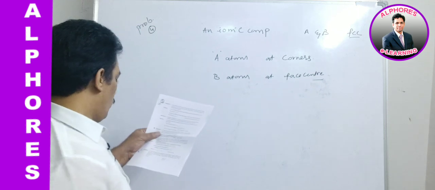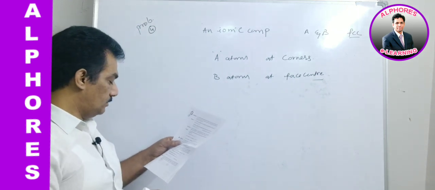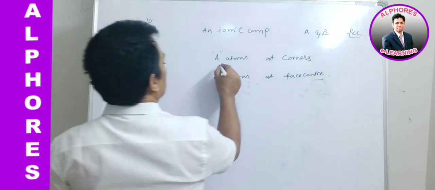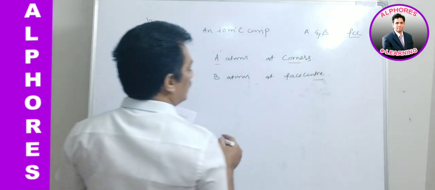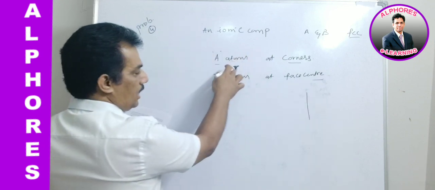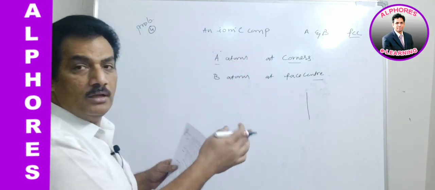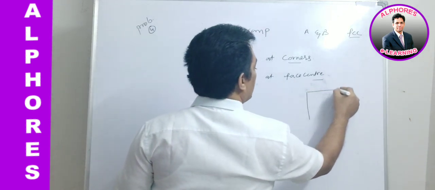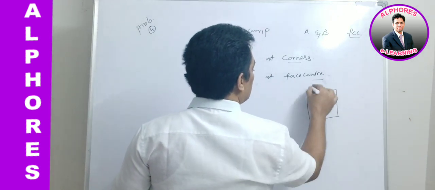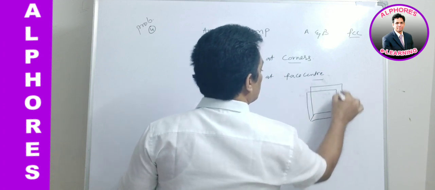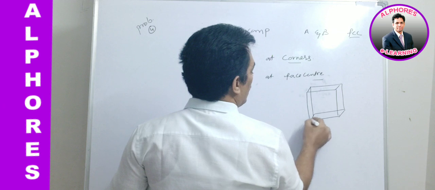But here one of the atoms is missing from the corner. That is, A atoms are present at corners, but when both corners and face centers are occupied, they are nothing but FCC structure. Let us draw an imaginary diagram. This is a face centered cubic structure.